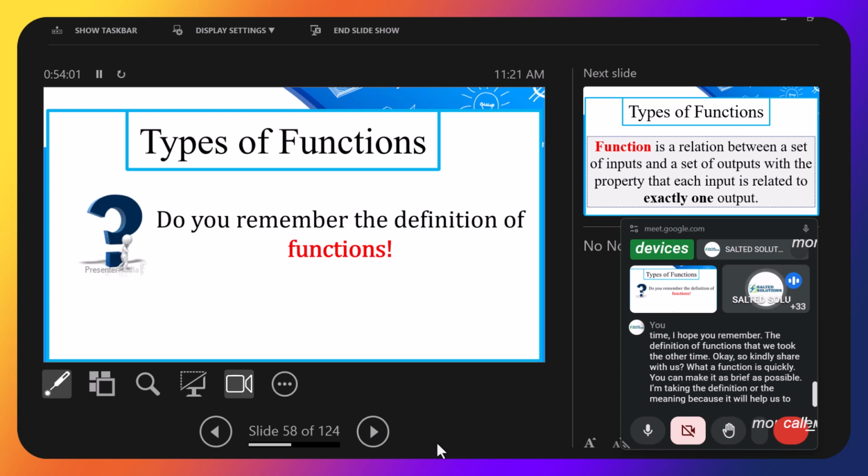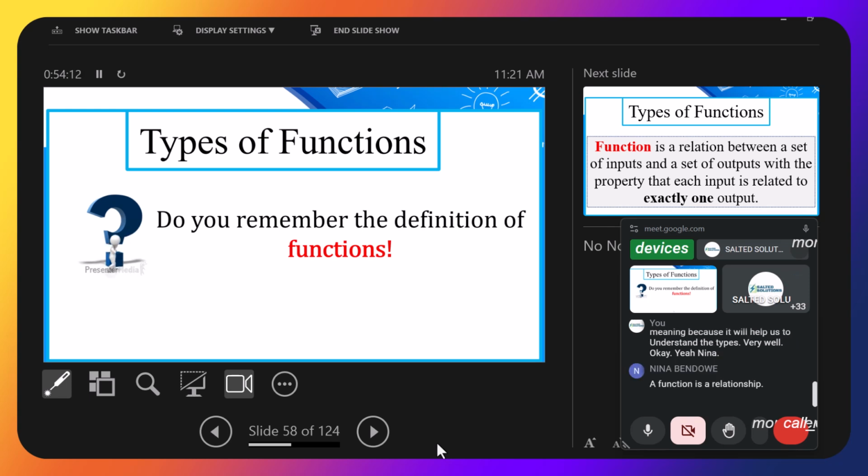Okay, yeah, Nina. A function is a relationship explaining how variables are related to each other. Very good. Serena. A function is a relation between a set of inputs and a set of outputs with the property that each input is related to exactly one output.